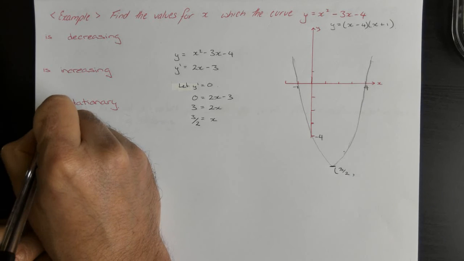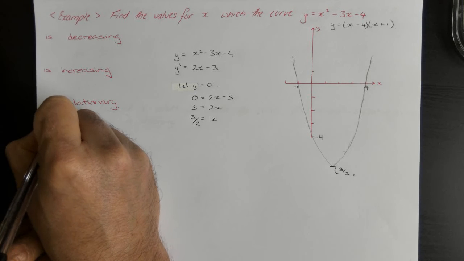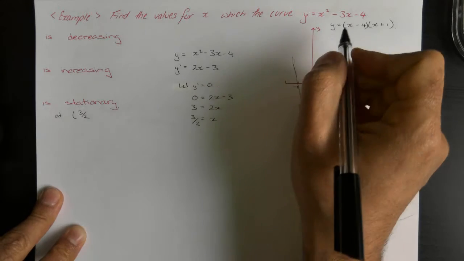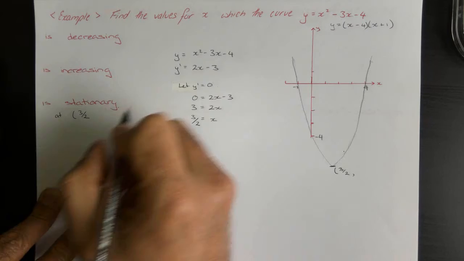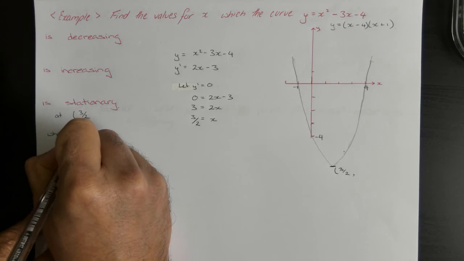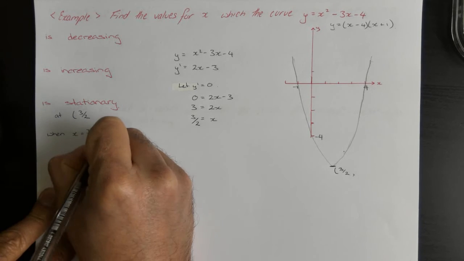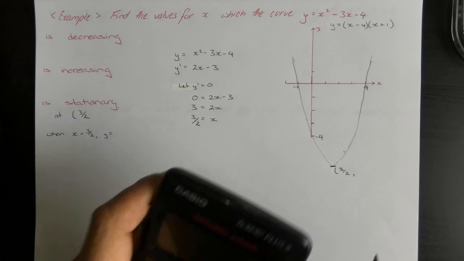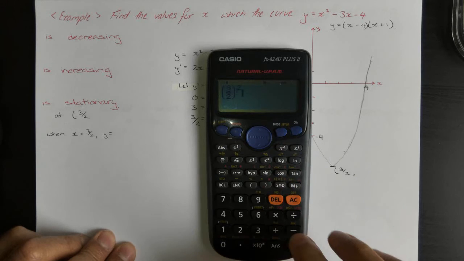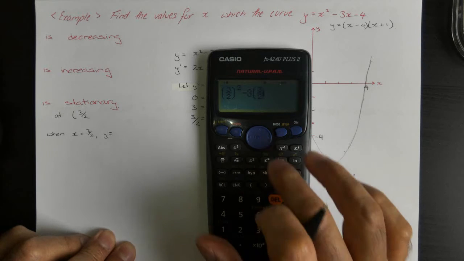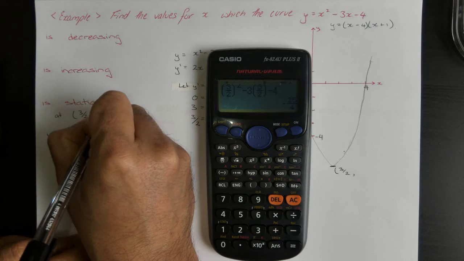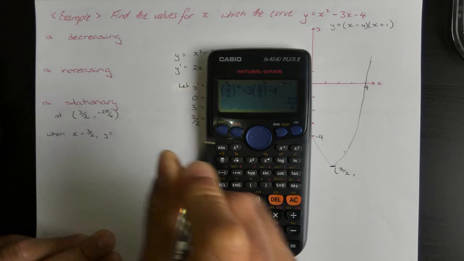So the function is stationary at x equals 3 on 2. To figure out what y would be, we plug it back into the original function. So when x equals 3 on 2, y equals -25 on 4.